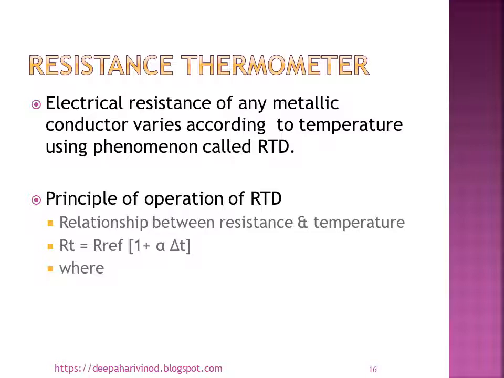The principle of operation of the resistance thermometer is the relationship between the resistance and the temperature. RT is given by R reference into 1 plus alpha delta T, where alpha is the temperature coefficient and delta T is the change in the temperature in degrees Celsius.